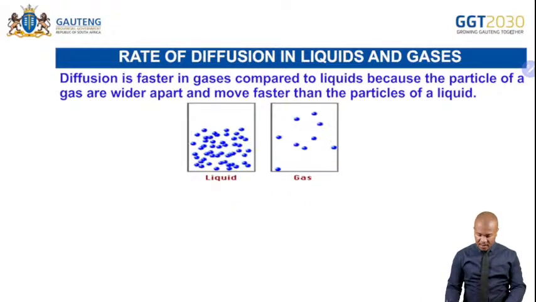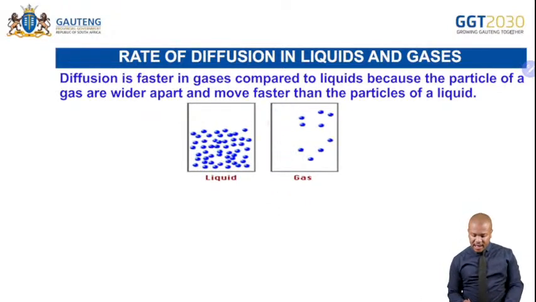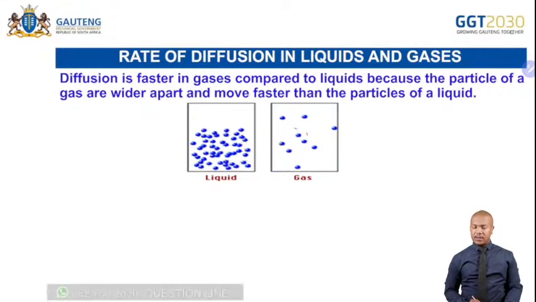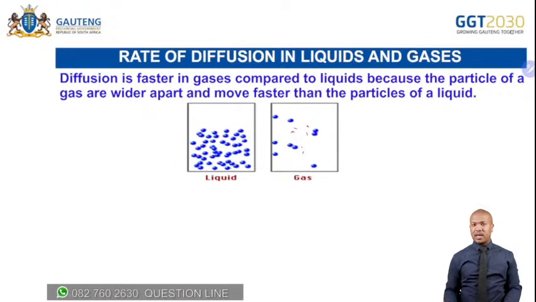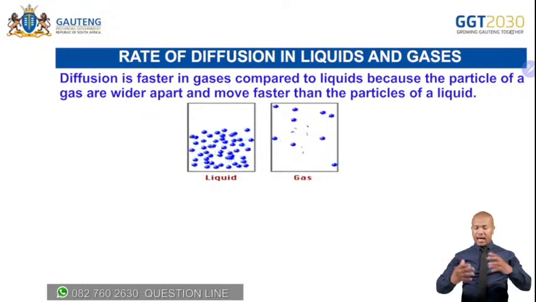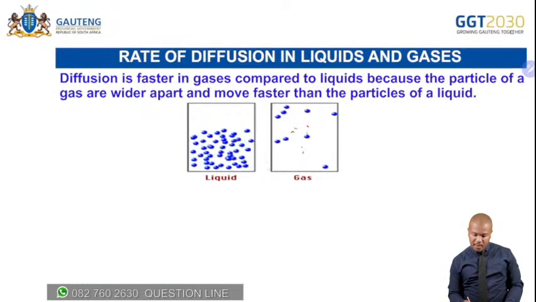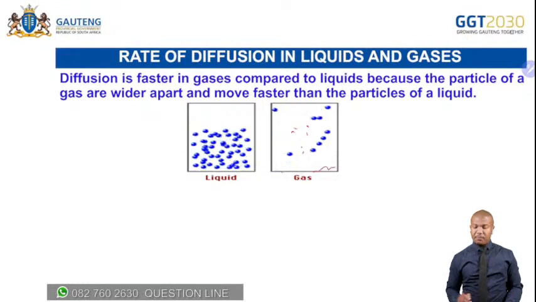Let's look at this diagram here. Looking at the gas particles, can you see the movement? It is very fast because of the spaces around or between the particles, right? They move freely and at a faster speed.